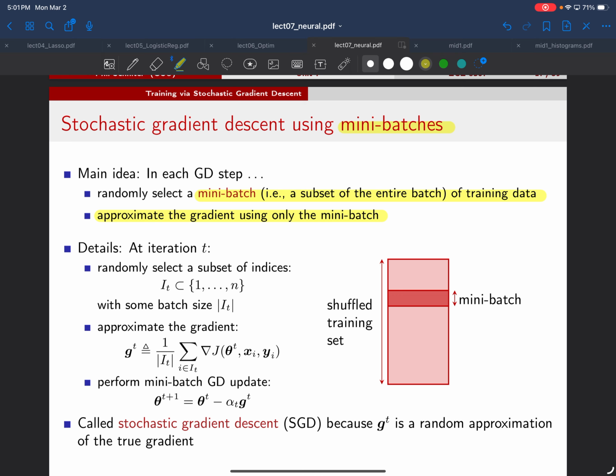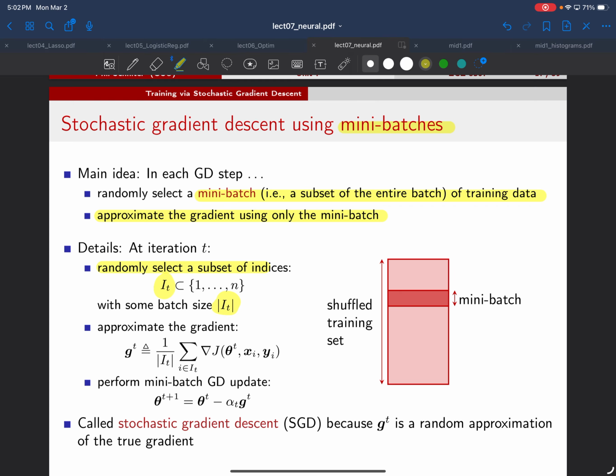So a few more details: at the t-th iteration, roughly speaking, you randomly select a subset of indices. We'll call that subset big I_t. This is going to be a subset of integers between 1 and n, and we'll denote the size of that subset with the absolute value sign.